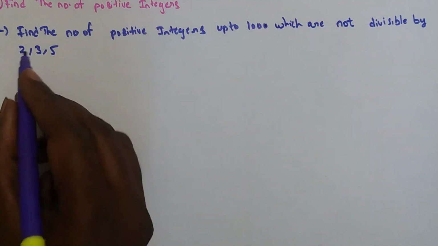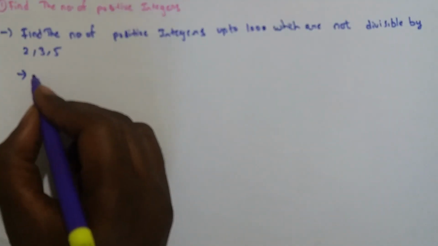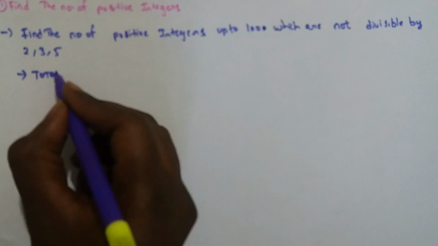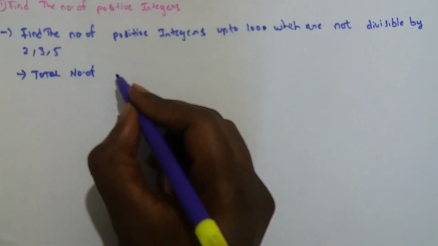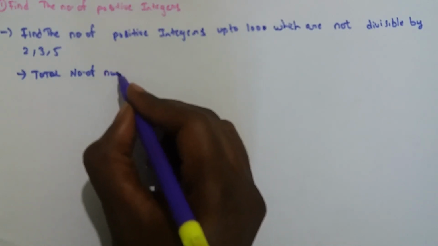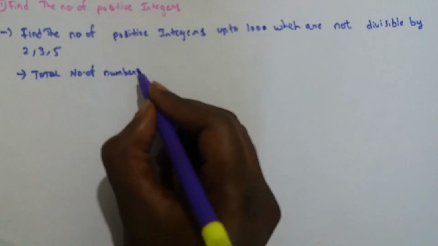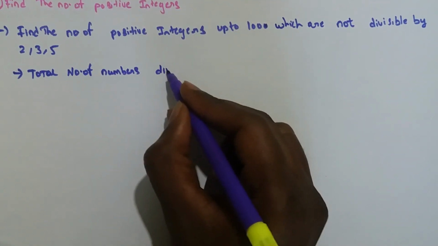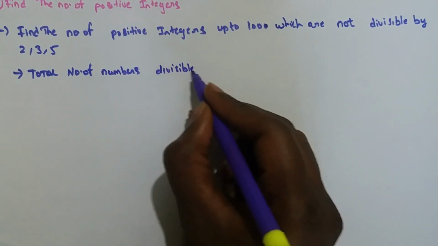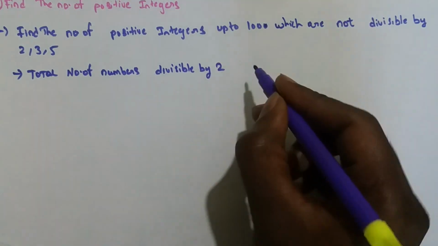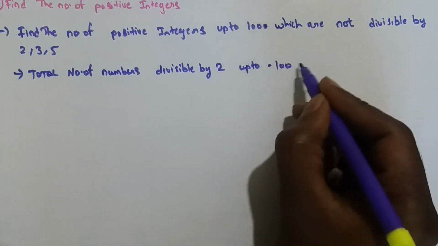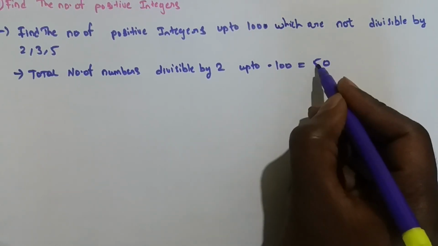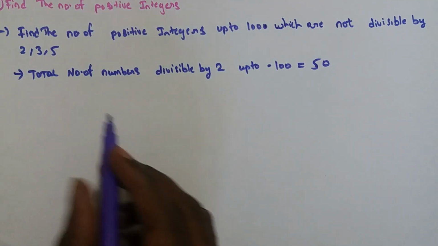Now let's see. Total number of numbers divisible by 2 up to 100 is equal to 50, right?